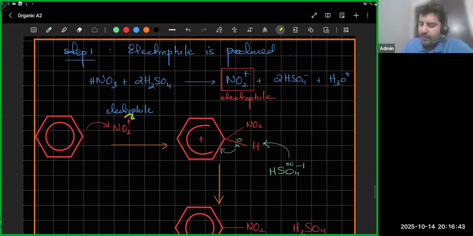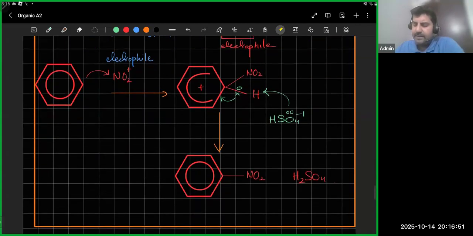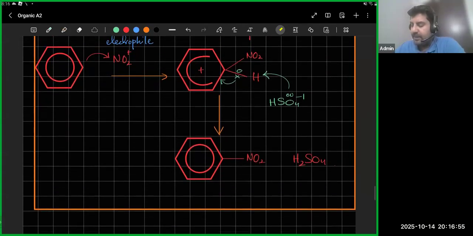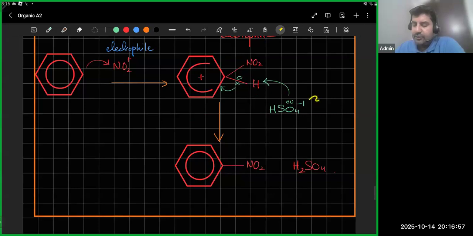And then that NO2 plus 1 electrophile would attack the benzene and get attracted to the benzene electron cloud, bond with one of the carbons, and the H would then leave its electron, so the benzene electron cloud becomes complete. And the H2SO4 was acting as a catalyst. It was enabling the reaction. It was helping us create the NO2 plus 1 electrophile.